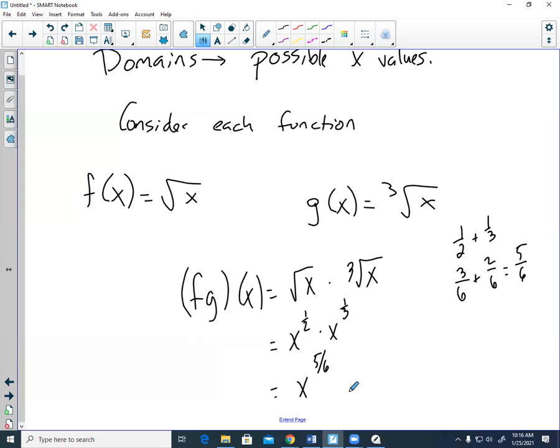Which means that no matter what happens throughout the rest of the problem, negative numbers do not exist in this problem anymore, because function f has gotten rid of them. You can only use numbers that work for both functions at the very beginning, in the middle, and at the end. If at any point any of those numbers do not work, they get thrown in the garbage and cannot be used again. So I don't care what your final answer looks like, what your stuff in the middle looks like, or what your stuff at the beginning looks like.